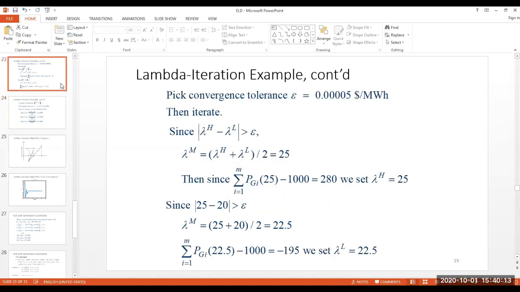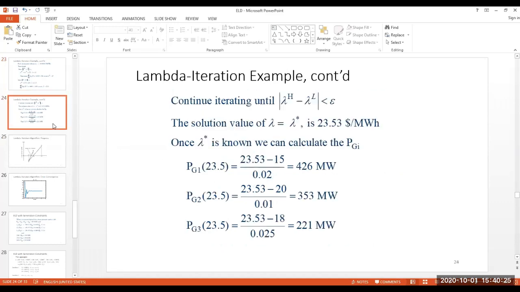If I again go back, we started from 25, we jumped down to some lower value of 22.5, but after the required number of iterations, you see this result is in between those two values. So that means lambda is actually going through some oscillatory behavior.